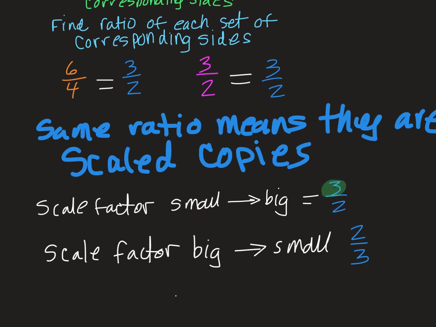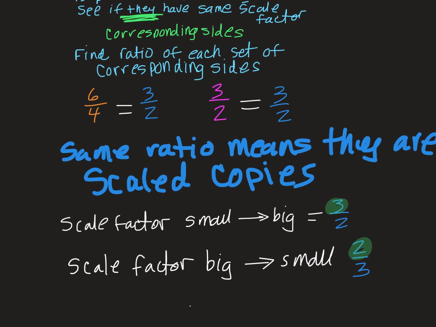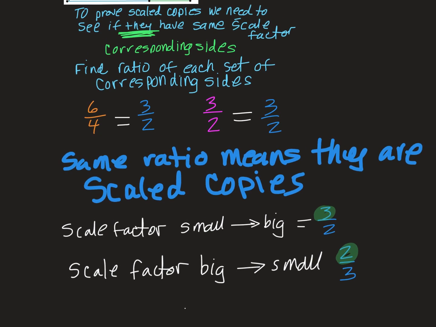If you're going from a big copy to a small copy, you need a numerator that is smaller, because that is how you know that you are scaling down. So this should technically be kind of a summary of 7th grade content. Just wanted to make sure I gave you a reminder. So that's going to definitely be the easiest way to identify whether or not they're scaled copies or not, is to divide those corresponding sides.